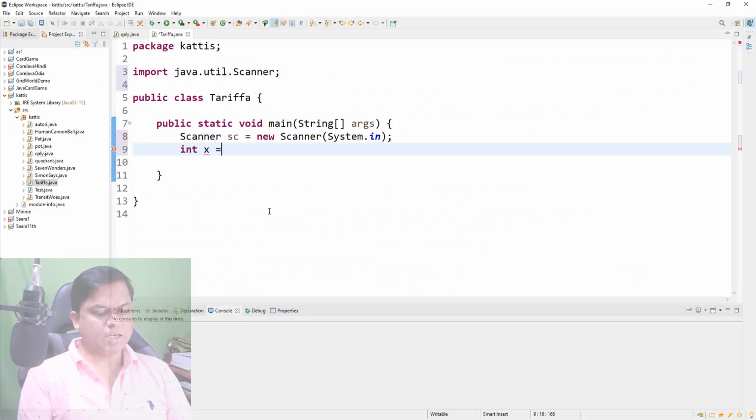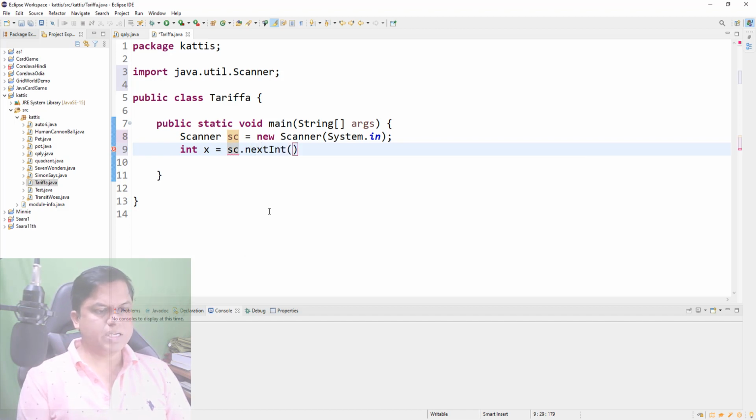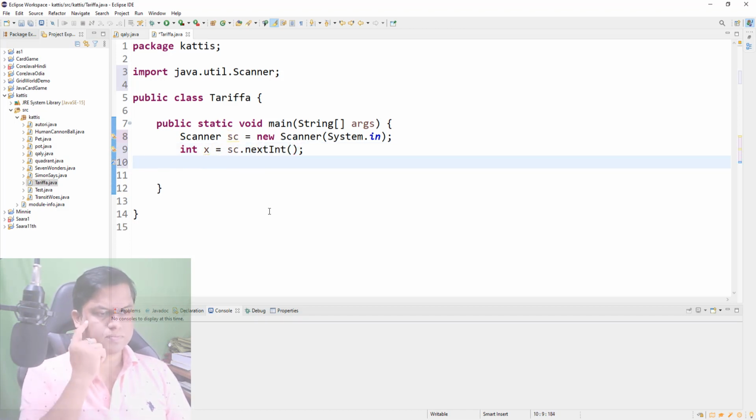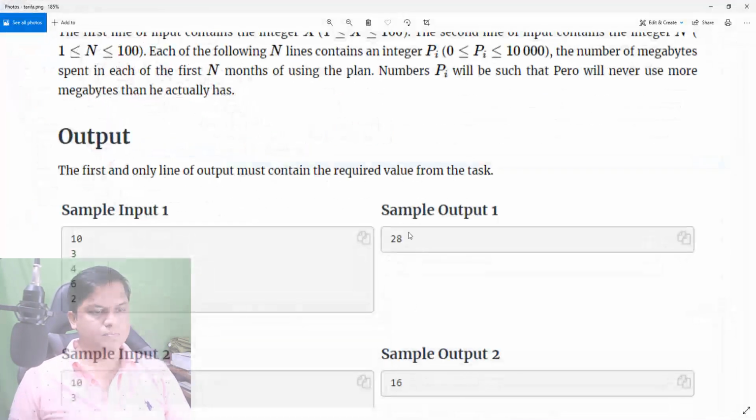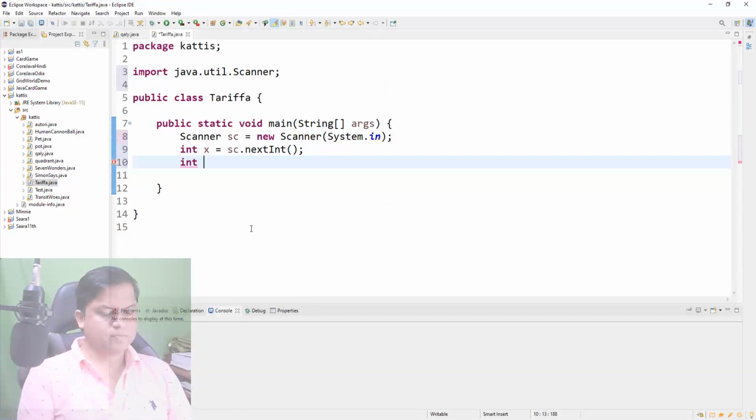Then we will get the first input, that is our x. So int x equal sc dot nextInt. Okay. Then we will receive the next line, n. So int n equal sc dot nextInt.